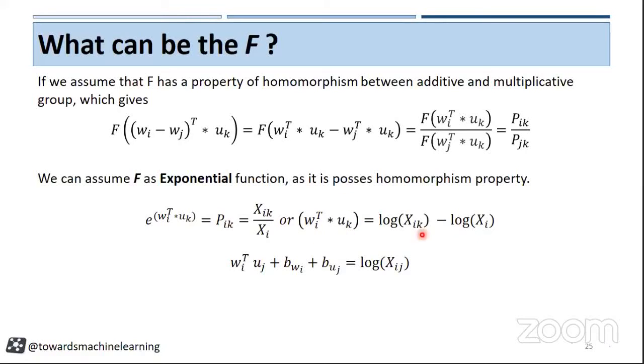And here now we will get this term, log of x_ik minus log of x_i. Remember, this x_ik denotes the number of times the word i co-occurred with the word k. And here our k is the context word.